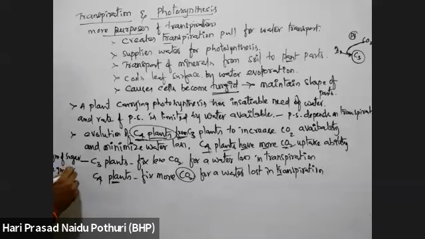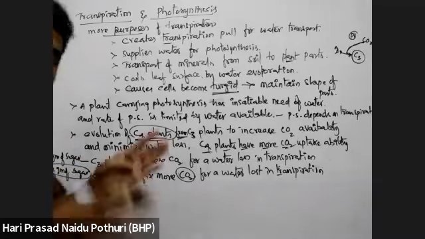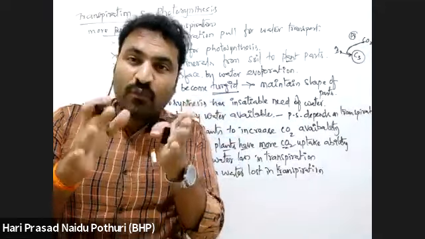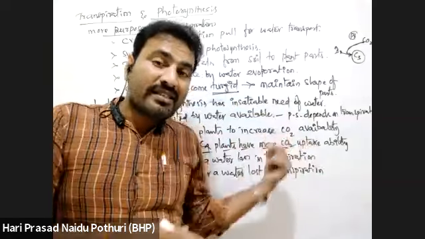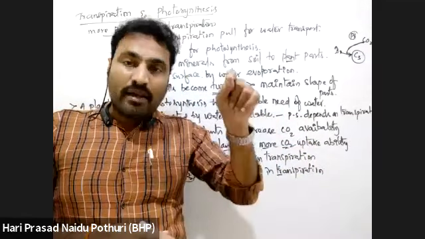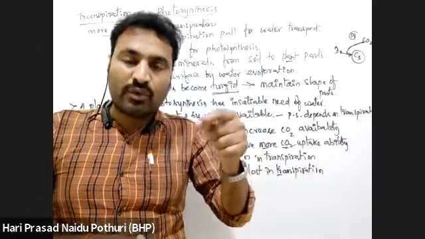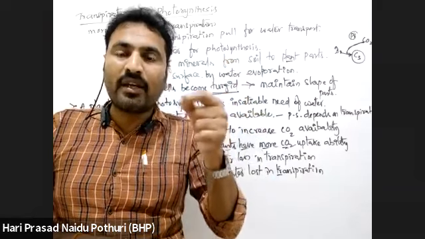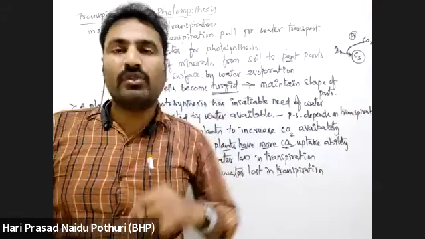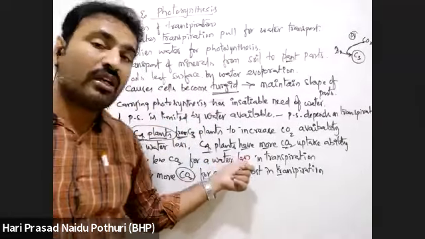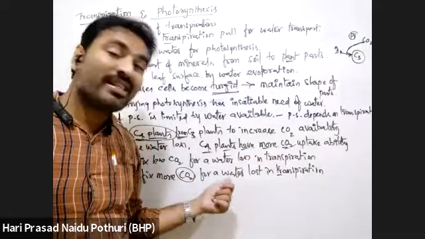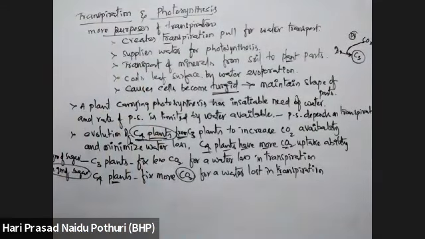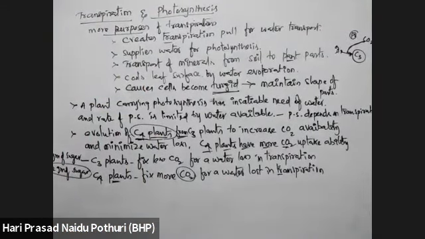Suppose 2 grams of sugar is produced. For a particular volume of water lost in transpiration, a C3 plant has a lower rate of photosynthesis and prepares less food, but in C4 plants there is a high rate of photosynthesis and more CO2 is fixed.